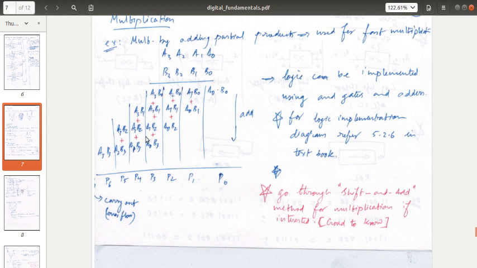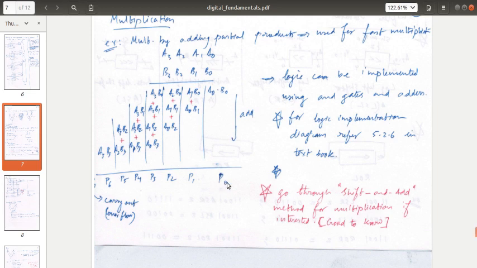Similarly, these will be added along with the carry which is coming from here, and these as well. It's like regular arithmetic. That's it. This is the simple logic behind multiplication.